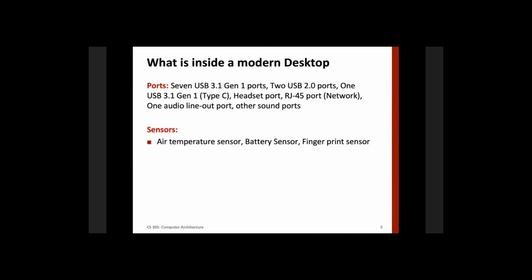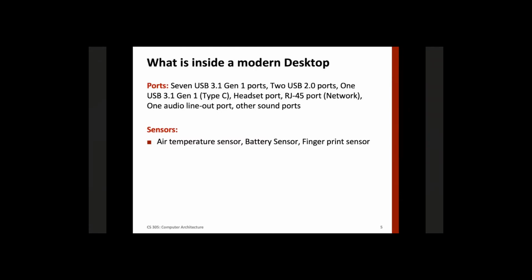And it also has a good number of ports, like USB port or headset port and RJ45 port, which is for Ethernet. Audio input output line, I mean, you can connect your microphone, like I'm connecting my mic into my laptop. So there is a port for that. And there are sensors here: a temperature sensor, a battery sensor, a fingerprint sensor.